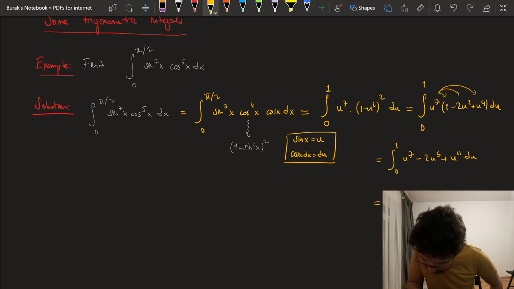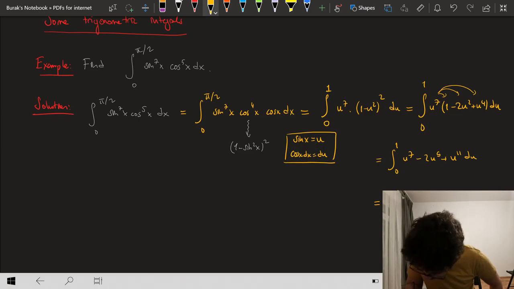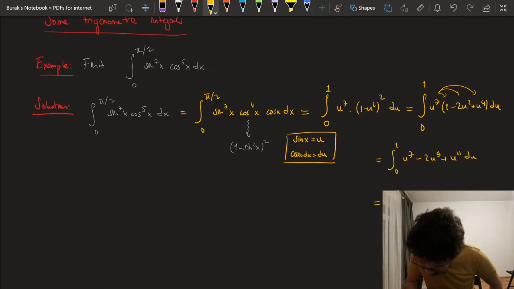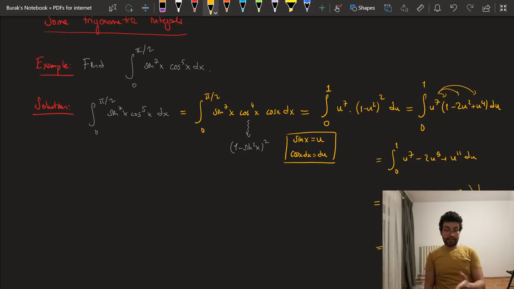The integral of this is u to the power 8 divided by 8 minus 2u to the power 10 divided by 10 plus u to the power 12 divided by 12, and you're supposed to evaluate this from 0 to 1. When you plug in 0, everything will be 0. When you plug in 1, you're going to get 1 over 8 minus 2 over 10 plus 1 over 12. So this is the result.